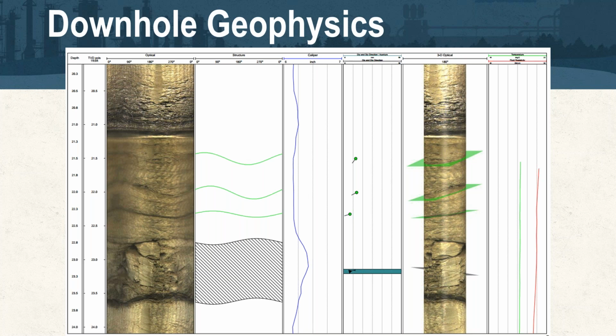And then what we can do from there is go back in and trip in with direct push tooling and complete remediation as if it was an overburden type setting.